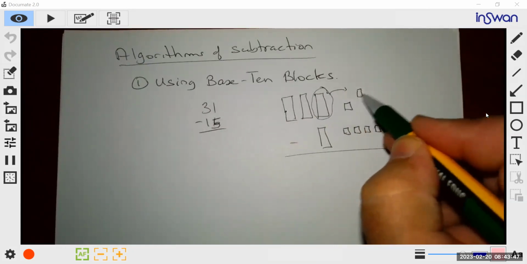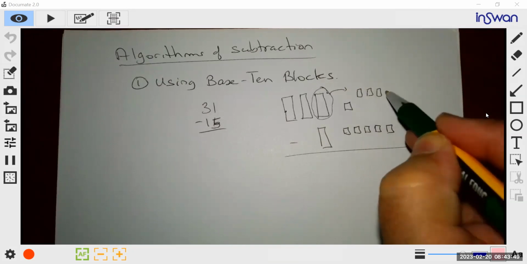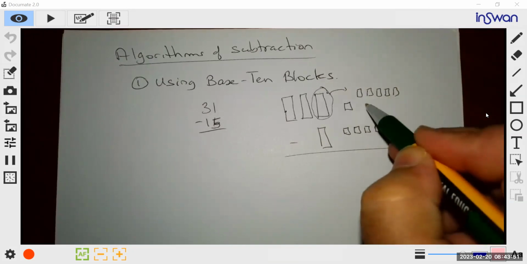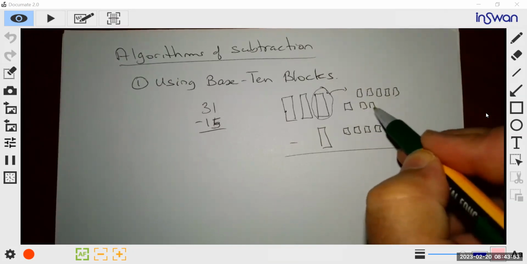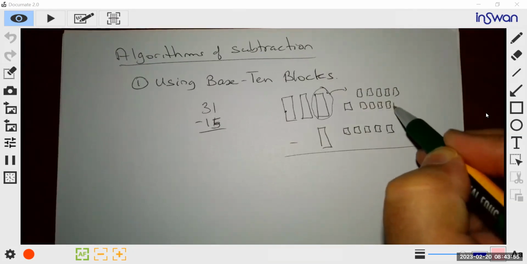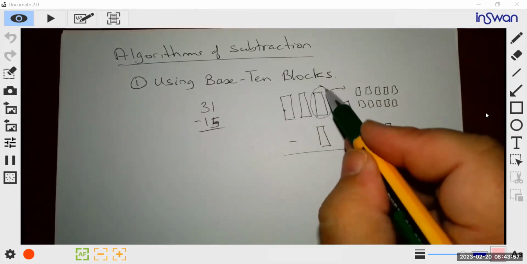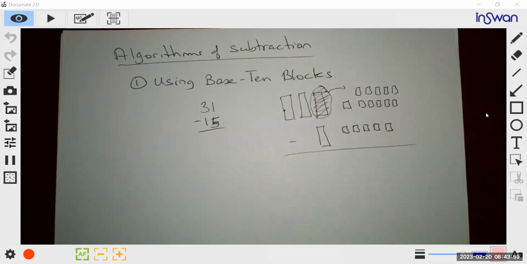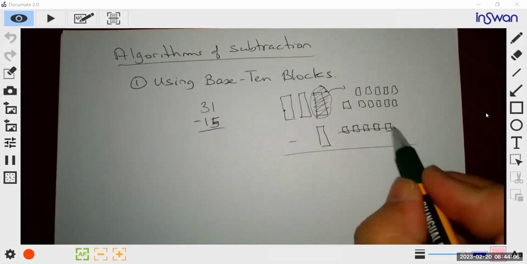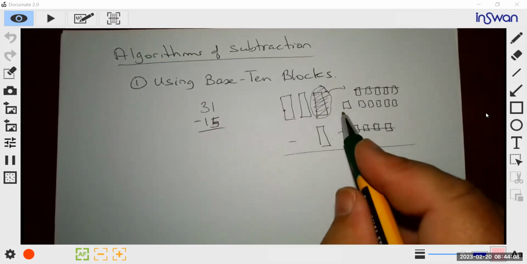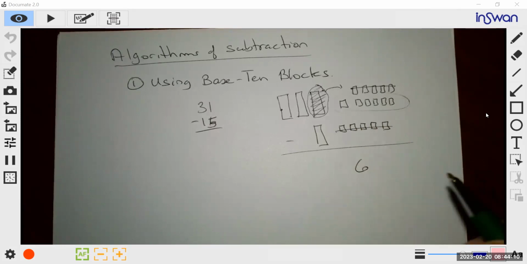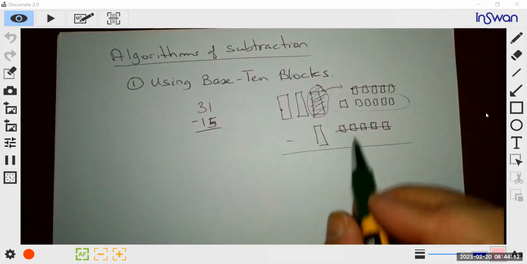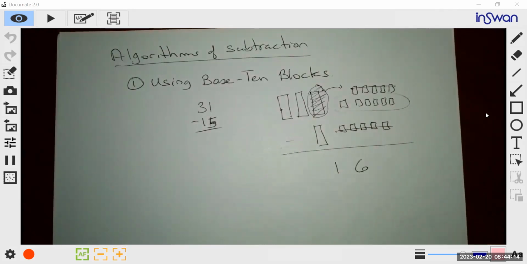So that means now there are 10 more. Now we can subtract 6 from 11, leaving us with 5. Then 2 minus 1 is 1.